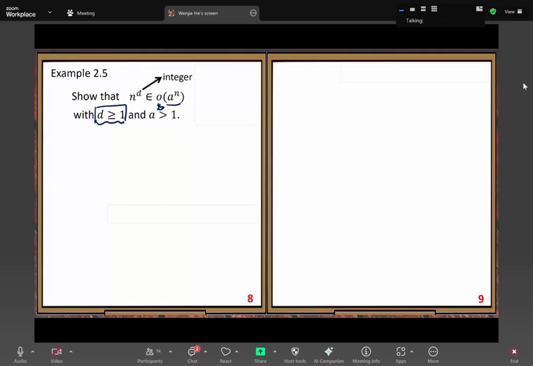For example, d is root 2. Any technical problem when you work on a non-integer exponent number?